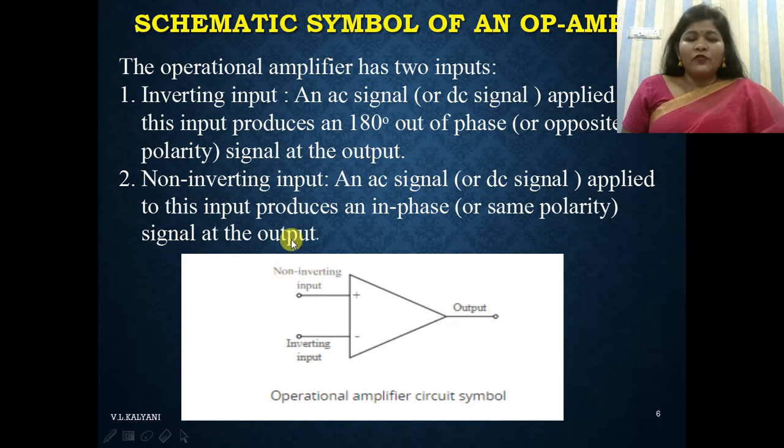And in case of non-inverting input, if we apply the input signal, then the output will be in the same phase. So if we apply the sine wave, then the output will be in sine form also. So this is the inverting input and non-inverting input.